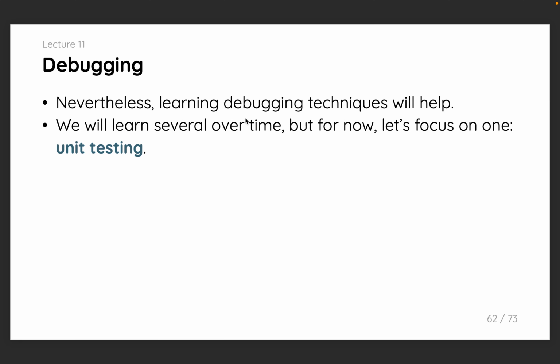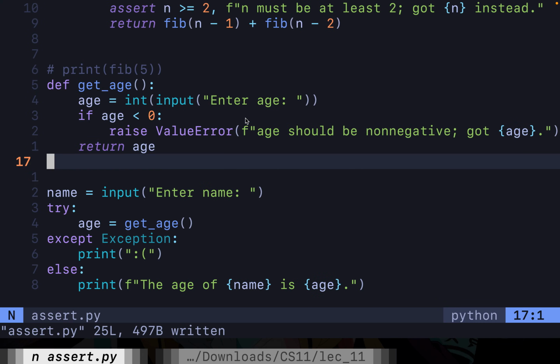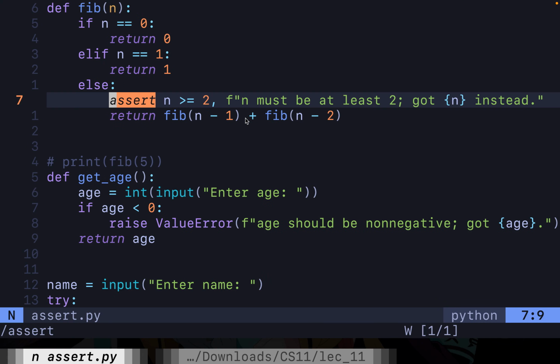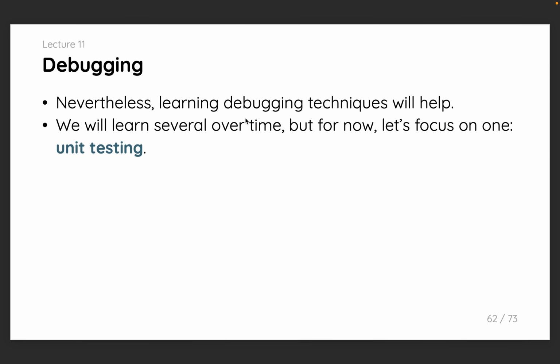We know that we can use assertions in order to verify the correctness of our solution. In relation to assertions, we have a technique that we can use for making sure that our programs have as few bugs as possible. And we call that unit testing.